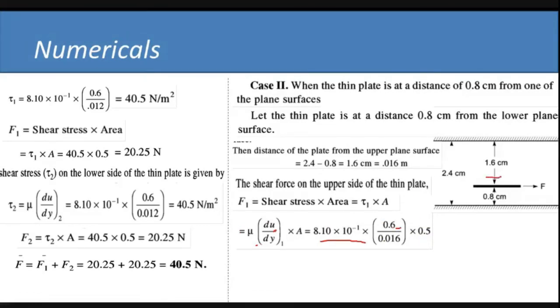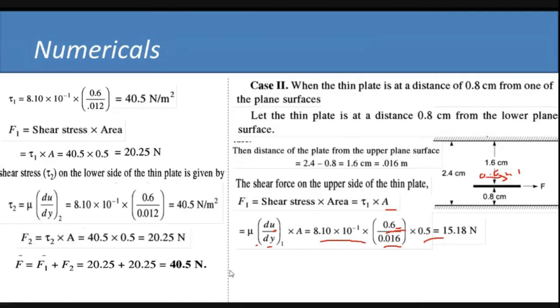This plate is moving with 0.6 meter per second and the upper plate is stationary. So du1 is 0.6 meter per second and dy1 is now 1.6 centimeter, so it is 1.6 into 10 power minus 2 or 0.016, into area 0.5. Okay, so it comes out to be 15.18 Newton.